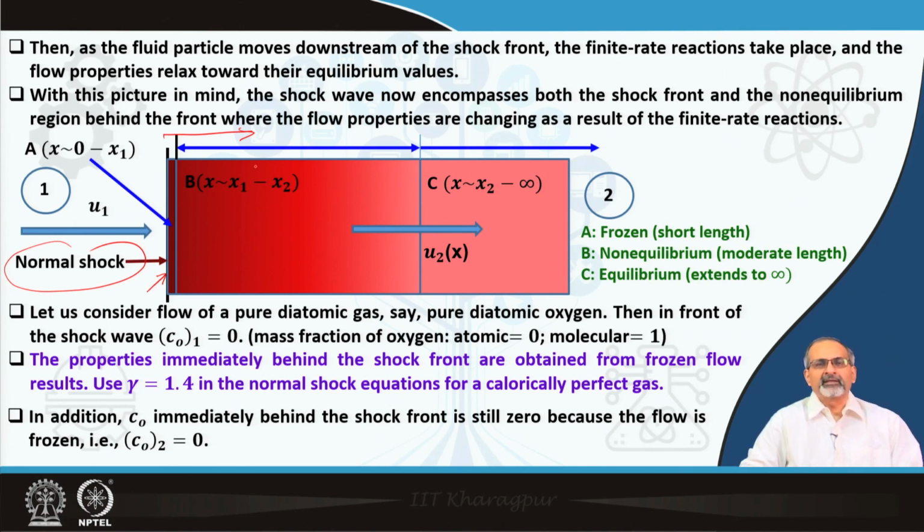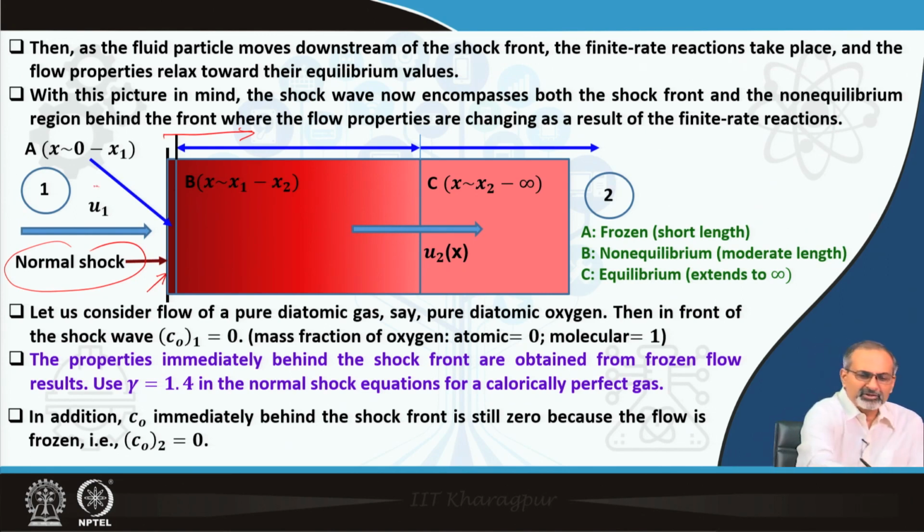And then there is a much longer region B, which we consider to be a non-equilibrium region. It is of moderate length, and extends from x1 to x2, and then comes another region which we are calling the equilibrium one, which extends from x2 to infinity.